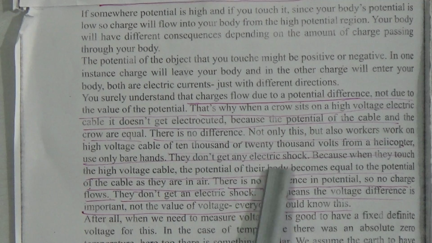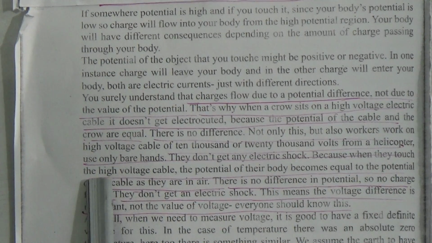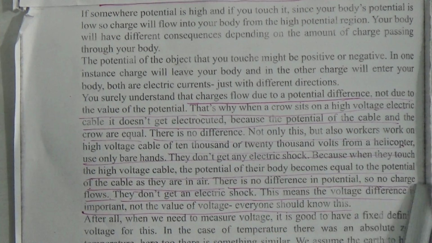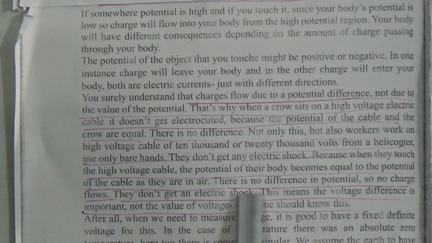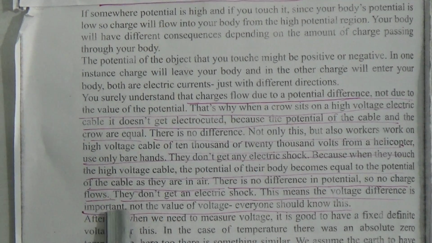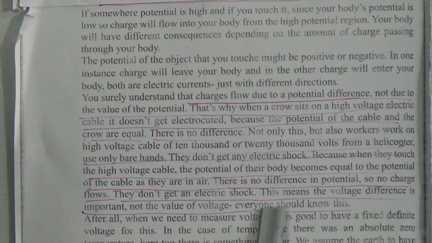They don't get any electric shock because when they touch the high voltage cable, the potential of their body becomes equal to the potential of the cable as they are in air. There is no difference in potential, so no charge flows. They don't get an electric shock.